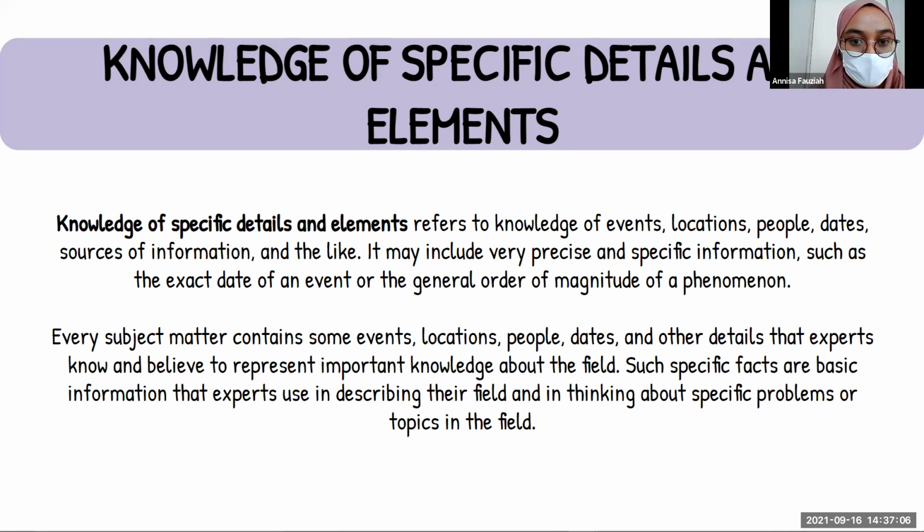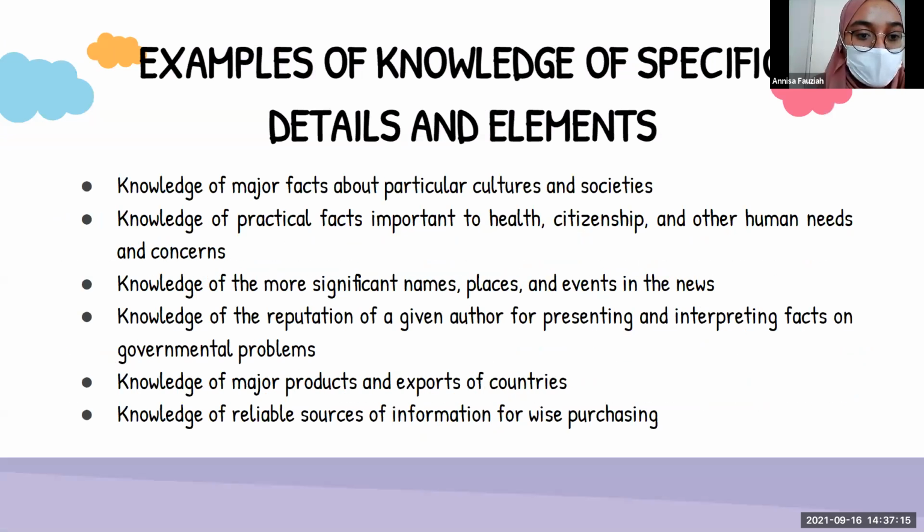So I will show the examples of knowledge of specific details and elements. The first, knowledge of major facts about particular cultures and societies. Knowledge of particular facts important to health, citizenship, and other human needs and concerns. Knowledge of the more significant names, places, and events in the news.